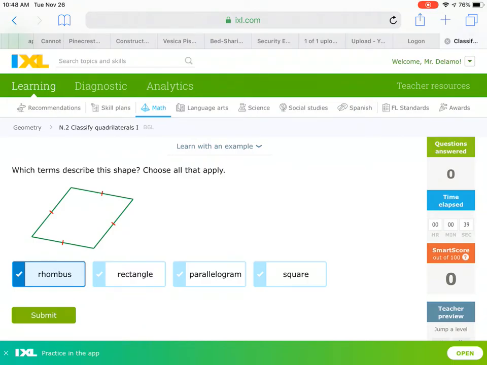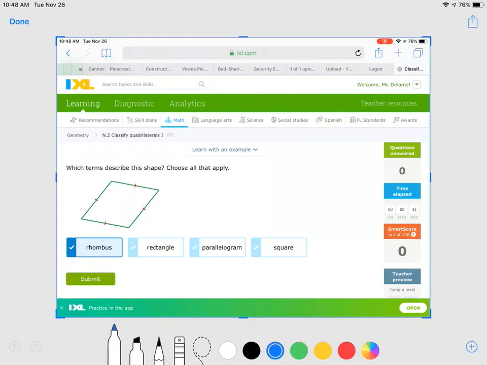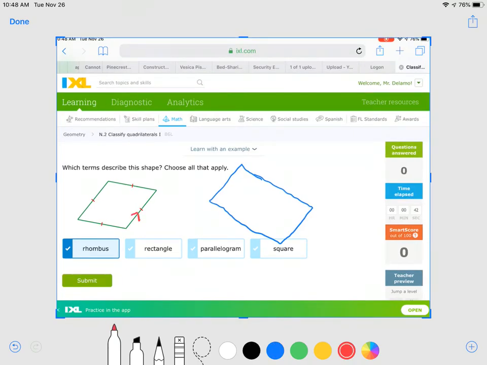are the same. Whereas a parallelogram, let's draw another parallelogram. So like this would be an example of a parallelogram. Although on the rhombus we have opposite sides parallel, just like in the parallelogram, the problem is that the parallelogram doesn't have all 4 sides congruent.